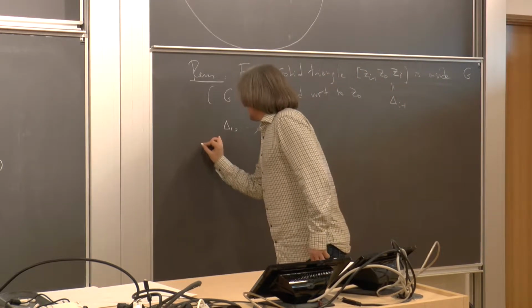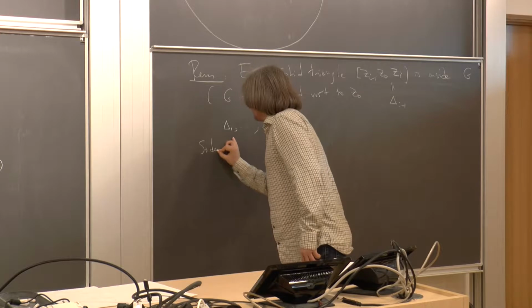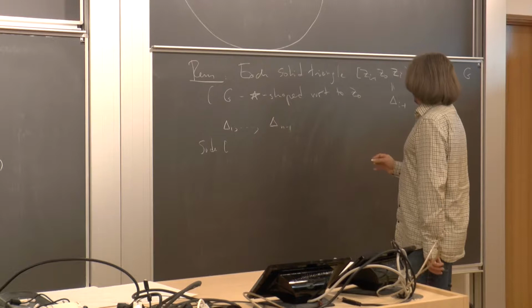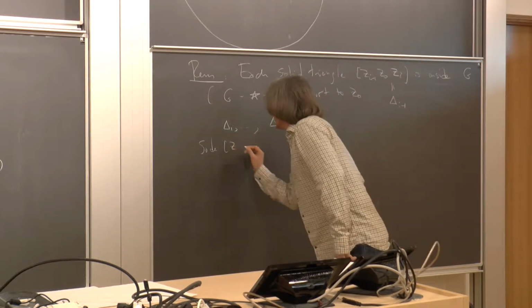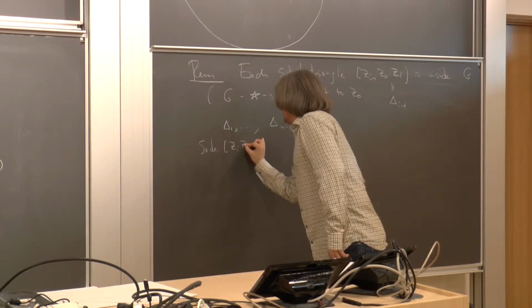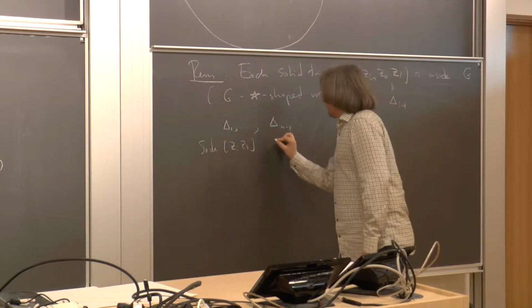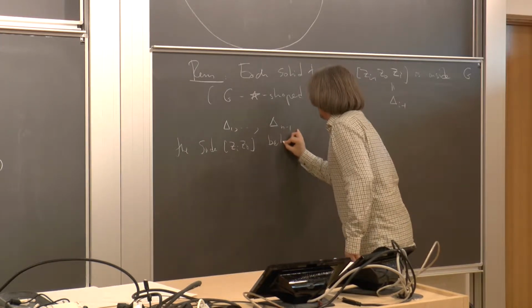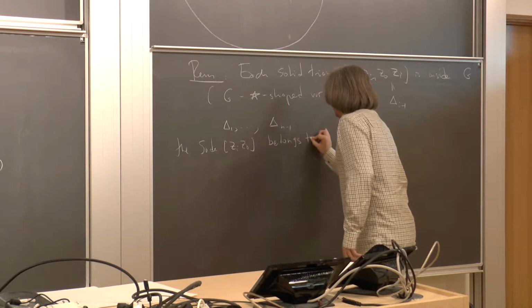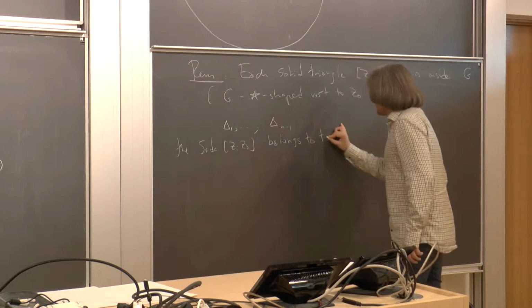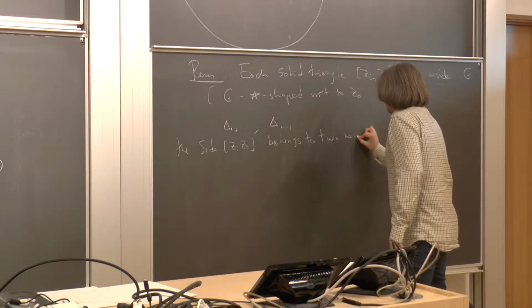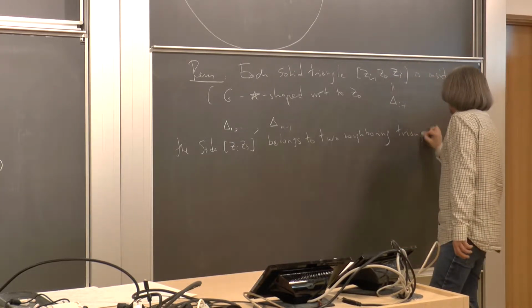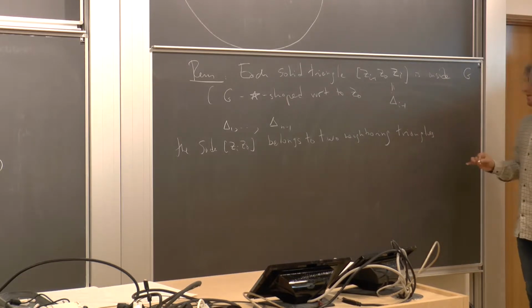What's important is that the sides, again denoted by say Z I Z0, belong to two neighboring triangles, but with opposite orientation.